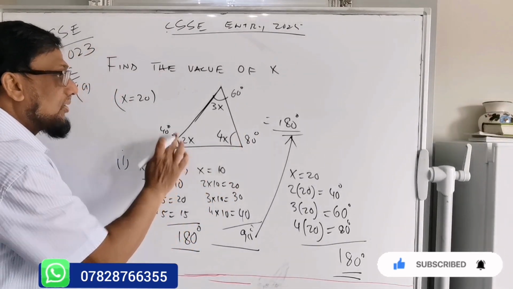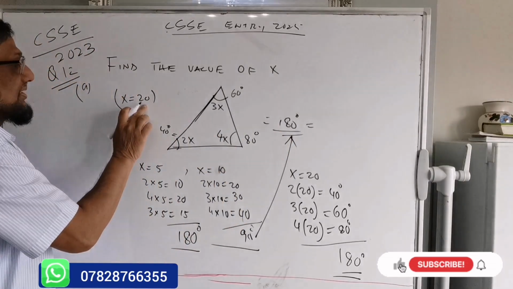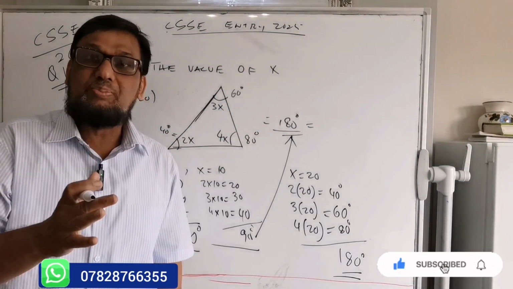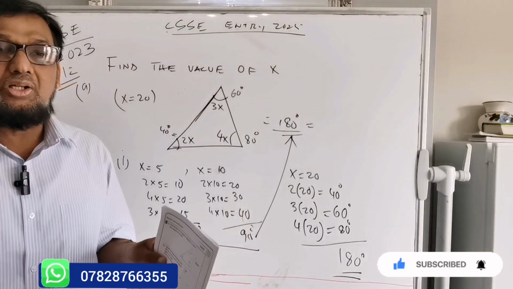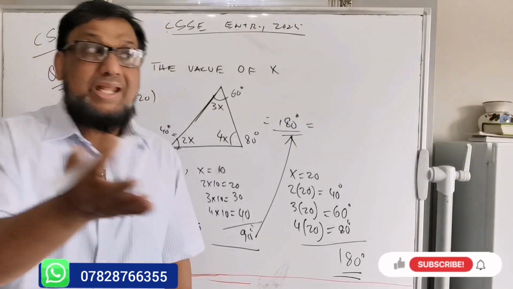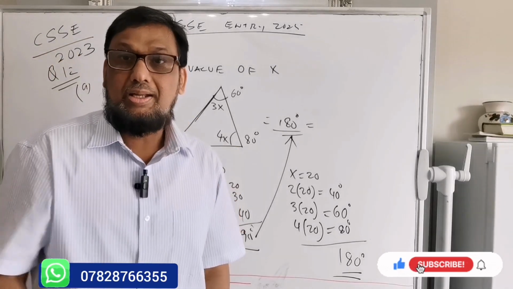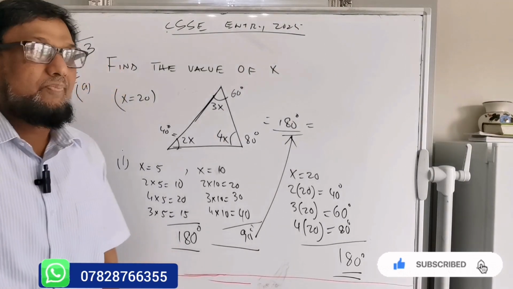If you add all three angles to get 180 degrees, it means the value of x is 20. So this is one way, the trial and error method. You just simply assume x is 5, or 10, or 15, or 20. This is a one-way method you can work out randomly.